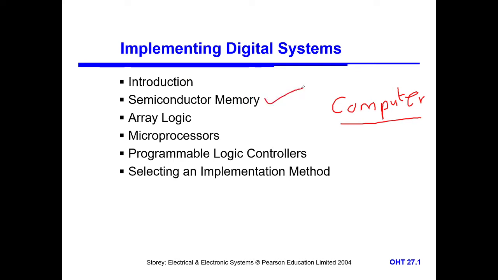We have various types of memories. Memory is nothing but a device which is used to store data. Whatever you see in mobile phones, the pen drive or the memory card, that memory card is used to store data.